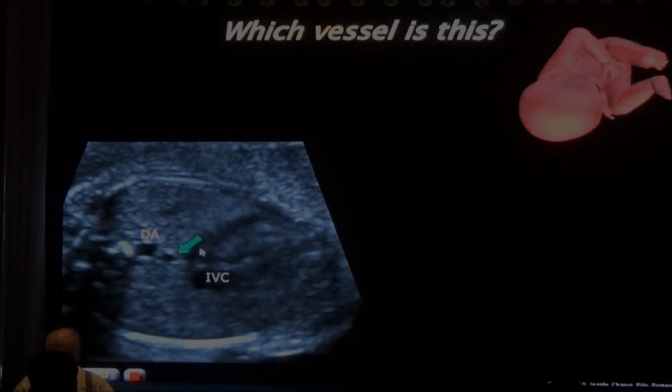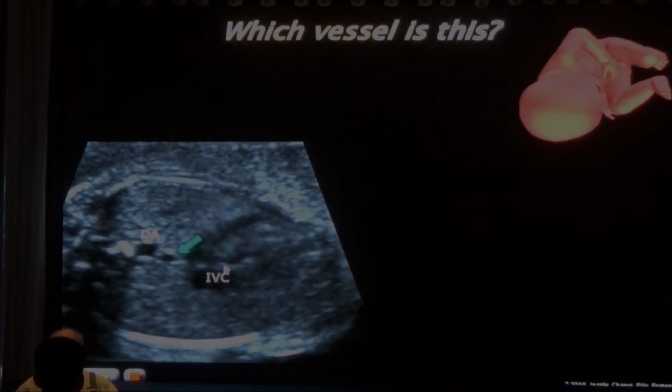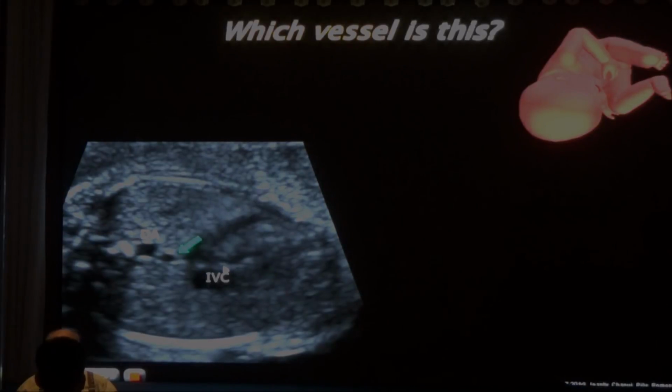So here we have the descending aorta, and I'm just below the four-chamber view. What is the vessel between the descending aorta and the four-chamber? Anyone who's good at anatomy? You didn't like to study anatomy either, huh? Neither did I. Well, there should be no vessel between the aorta and the four-chamber.